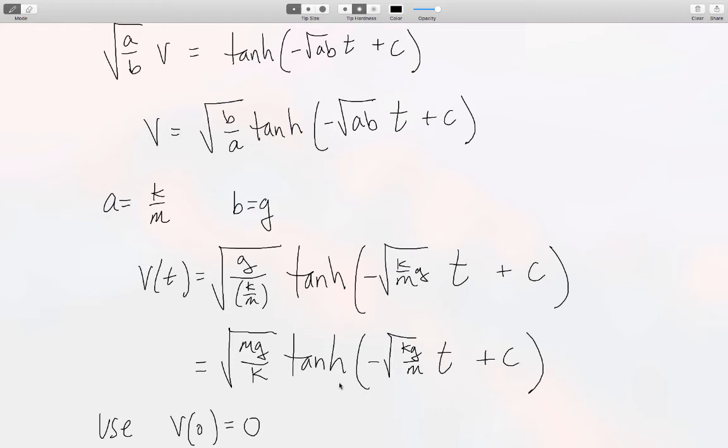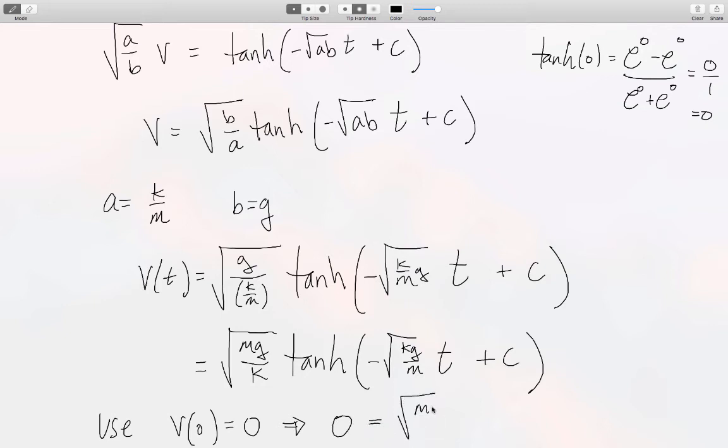We'll see it's going to be 0, and that's because if you take the tangent hyperbolic of 0, tangent hyperbolic of 0 is e to the 0 minus e to the 0 over e to the 0 plus e to the 0. So it's 0 on top, 1 on the bottom, so it's 0. So if you plugged in 0 for time, I have to get 0.